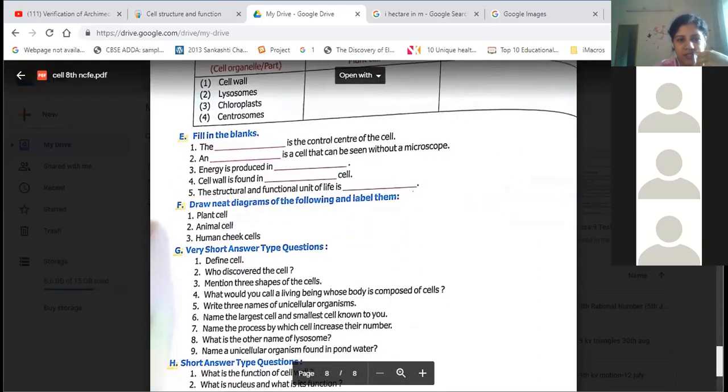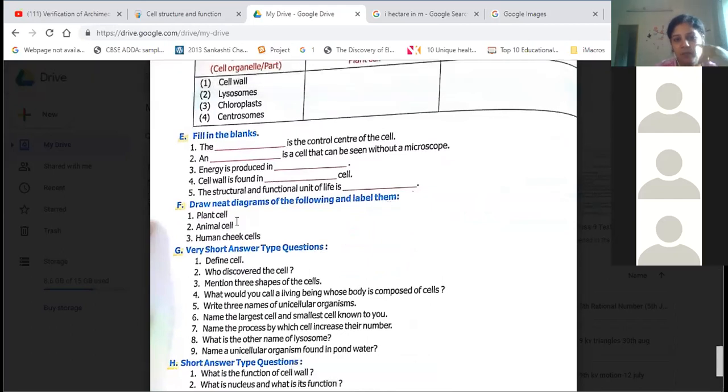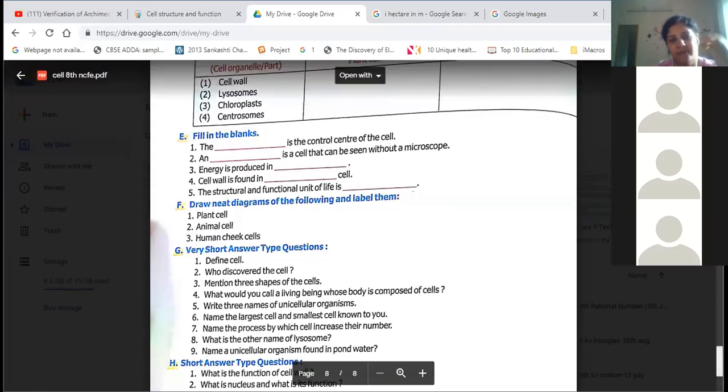Draw a neat diagram of the following and label them: plant cell, animal cell, and human cheek cell. How do we draw the human cheek cell? Same as the animal cell. The human cheek cell is an animal cell; we are animals.